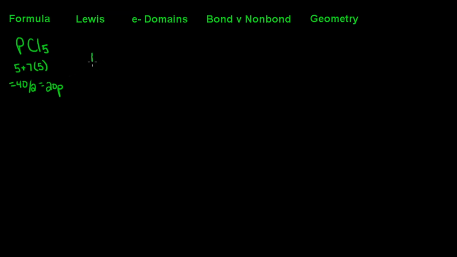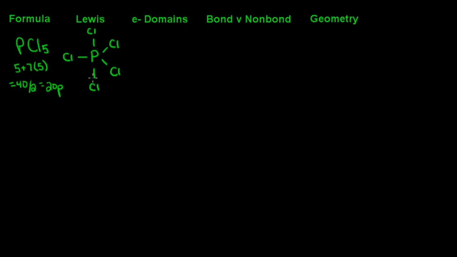So I've got my phosphorus. Now, you guys, I'm going to draw my axials in first. So I'm going to try to start making my Lewis structure look like my geometry. So there's my chlorine here and my chlorine there. And I'm going to draw my 3 equatorial chlorines like so, just to make it easier to make my Lewis structure match up better to what my geometry is going to be in the end.